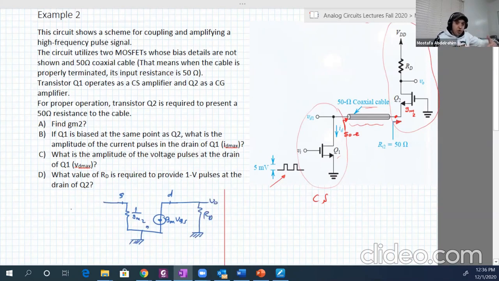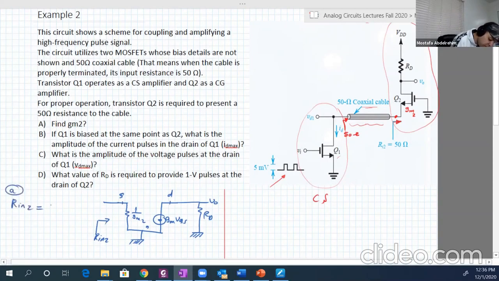I will not draw the rest of the circuit, which is connected to the source: the coaxial cable and the first stage. But let's ask ourselves a question here. What is our input here? This is our Rin2. And we said that it's required for Q2, or stage 2, to have input resistance equivalent to the resistance of the coaxial cable. So our Rin2 is equal to 50 ohm.